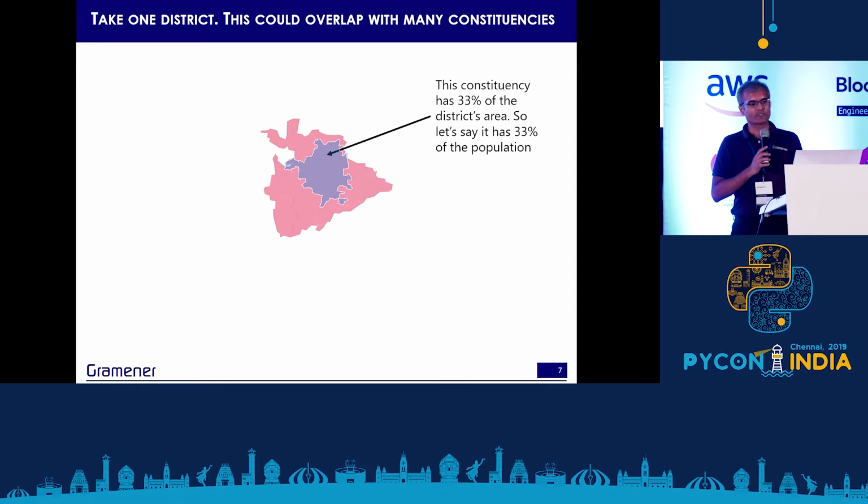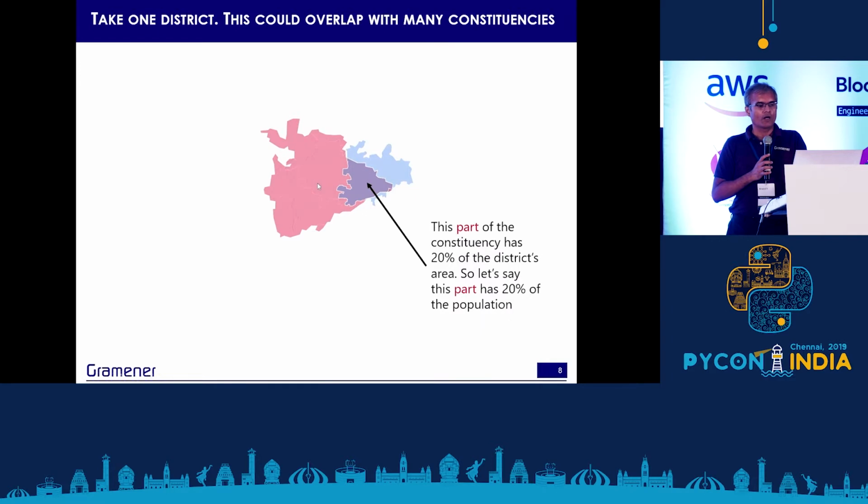So this district, for instance, covers at least one constituency fully, and maybe this takes up about 1/3 of the total area. So I can say approximately 1/3 of that district's population, which is that red area, lives in this constituency. Or let's take another constituency which overlaps with this district. So now only a portion of this constituency overlaps with this district.